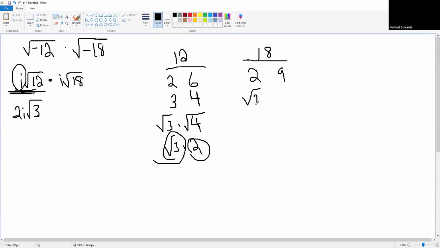So we have a square root of 2 times the square root of 9. I am just giving away the answer right and left. Square root of 9, and that actually turns into 3 square root of 2. So we can rewrite this guy as 3i square root of 2.